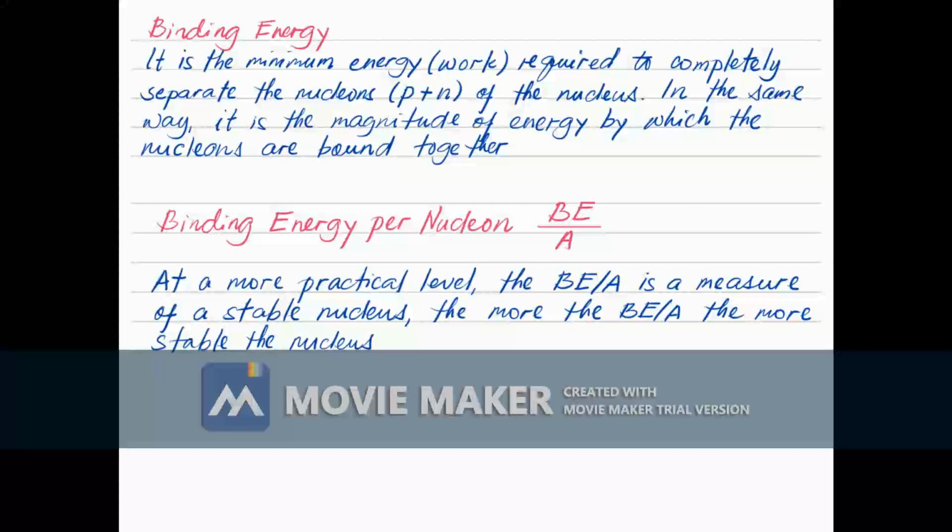It's a unit for energy, just like joules, but far smaller than joules, so we use mega electron volts in nuclear reactions. And we divide this binding energy by the number of nucleons. So how much energy we need to separate each nucleon.